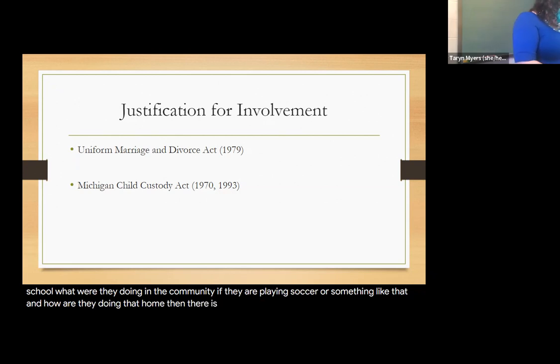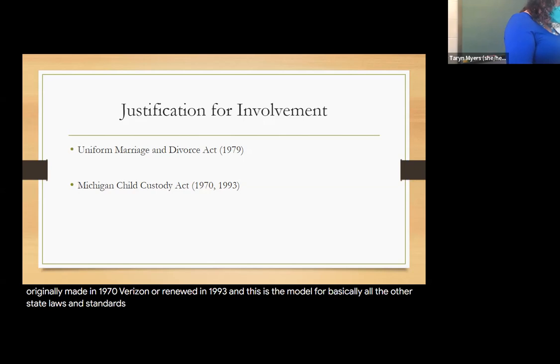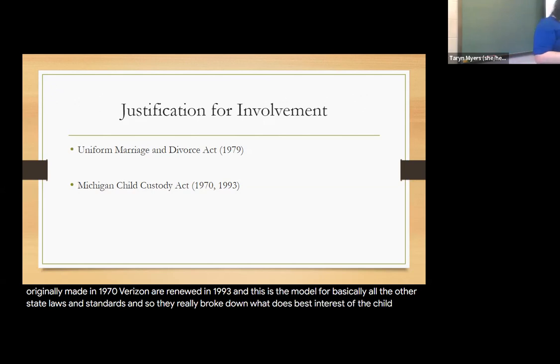Then there is the Michigan Child Custody Act, which was originally made in 1970, revised and renewed in 1993. And this is the model for basically all the other state laws and standards. And so they really broke down what the best interest of the child means.